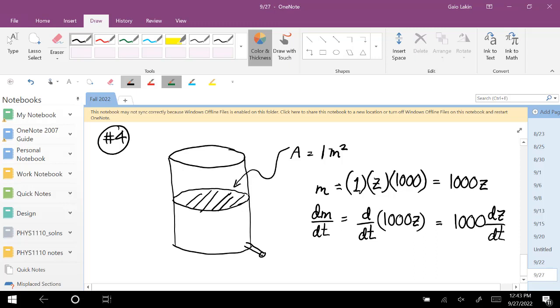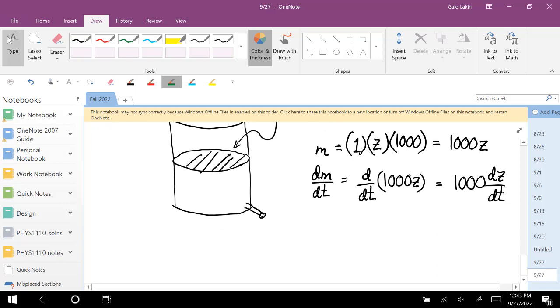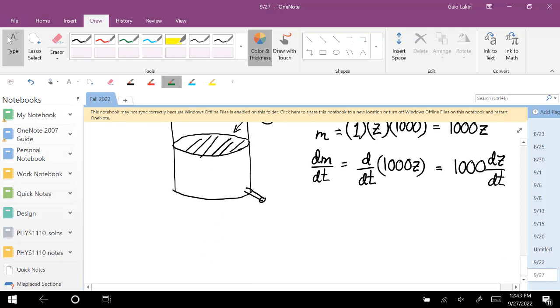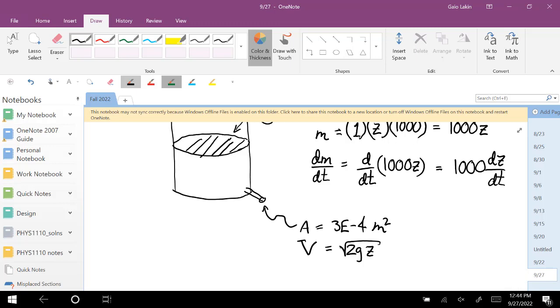Okay, so we'll come back to that. The area of this spigot that the water is coming out of is 3 times 10 to the minus 4th meters squared. And the speed of the water coming out of there is the square root of 2gz. The density is the same. This is incompressible.